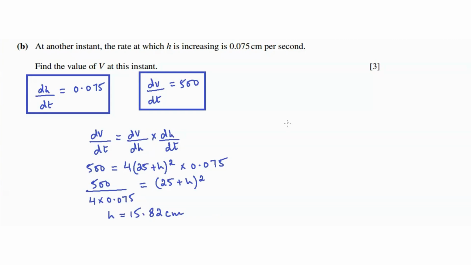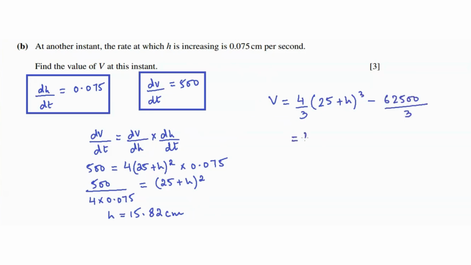Then we use this value to find the value of V at this instant. So V was (4/3)(25 + H)³ − 62,500/3.